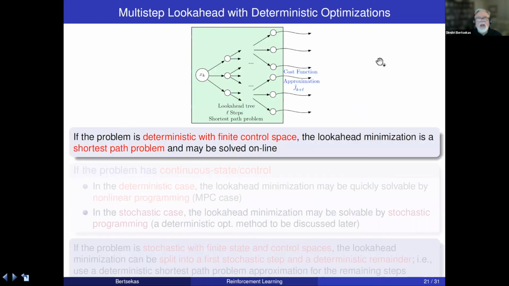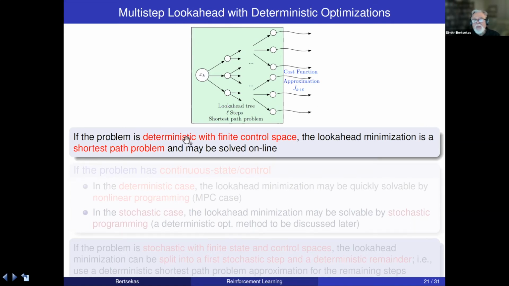Okay, now let's consider broad issues about approximation in value space. In particular, let's look at multi-step look ahead with deterministic optimizations. Remember, multi-step look ahead involves an L-step minimization and then cost function approximation after that.